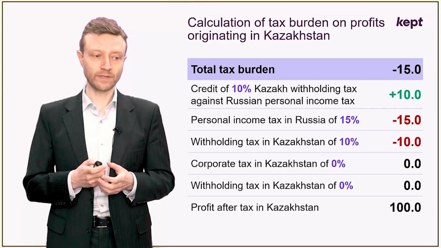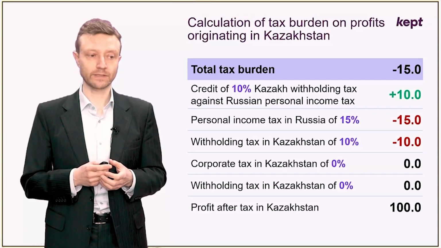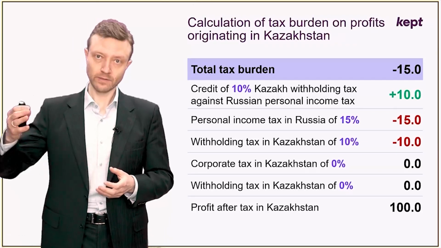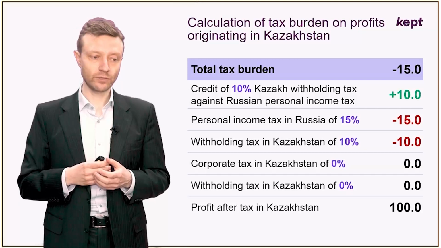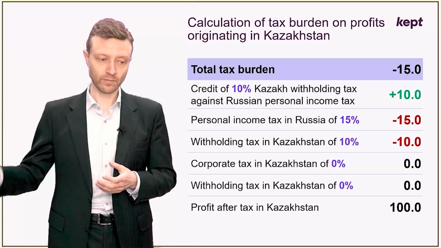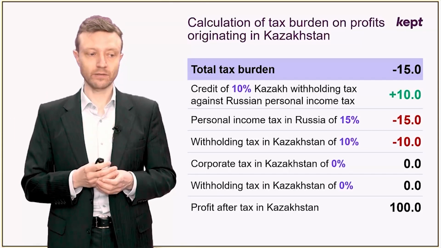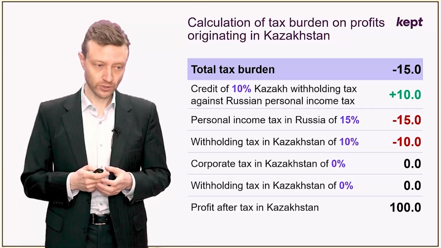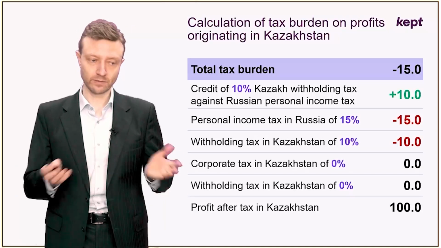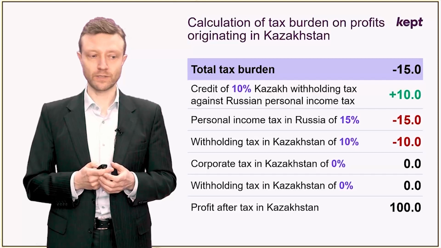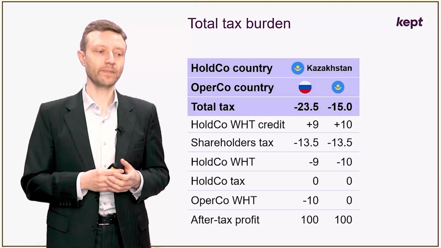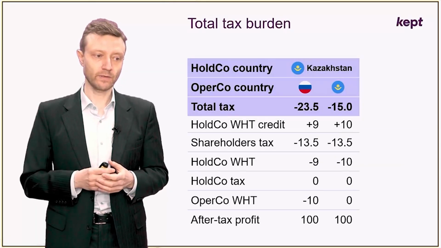And overall, 15 units of tax are paid all through the chain of ownership and dividend distribution from Kazakhstan through the holding company in Kazakhstan to the Russian shareholders, which is better than the Russian part, but okay, still, it is what it is. And let's now compare different options.